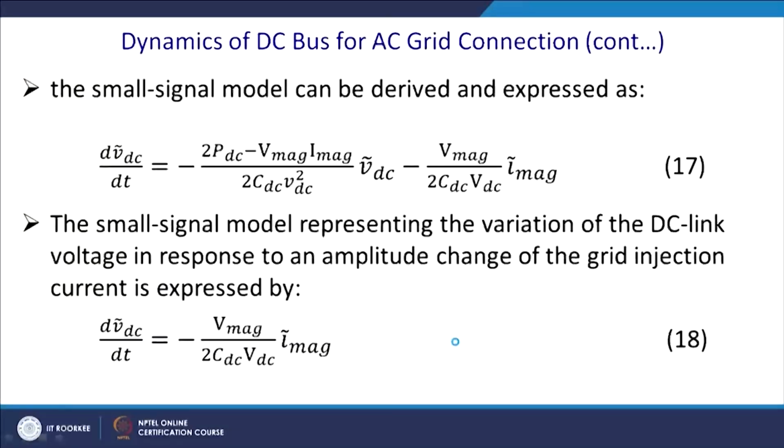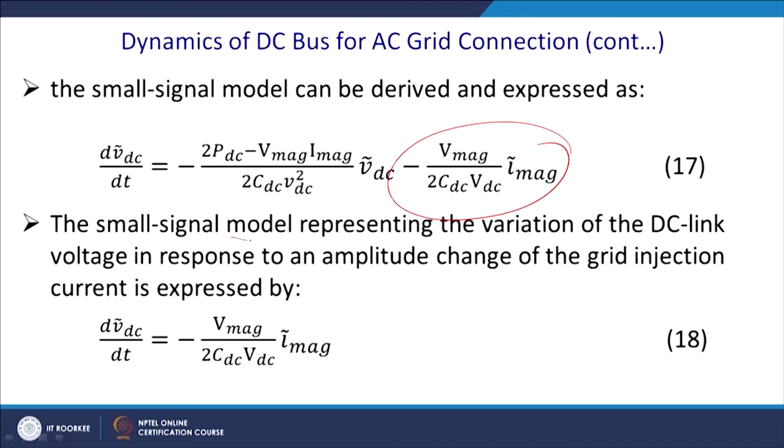The small signal model can be derived and expressed as dV_DC/dt equals minus (P_DC minus V_MAG into I_MAG) by 2 C_DC V_DC squared, minus this term, and V_MAG by 2 C_DC V_DC into I_MAG.